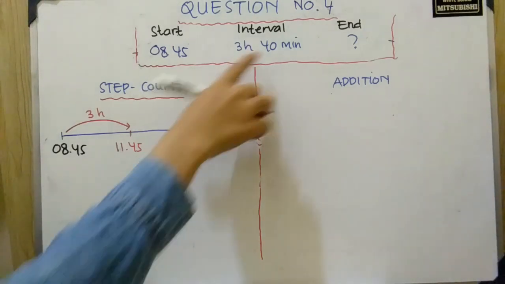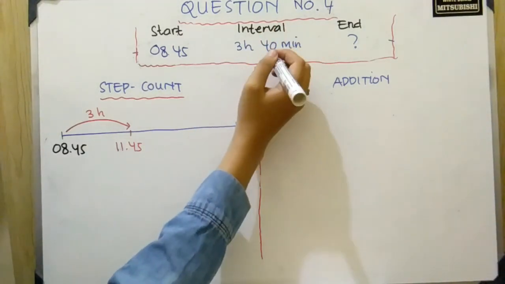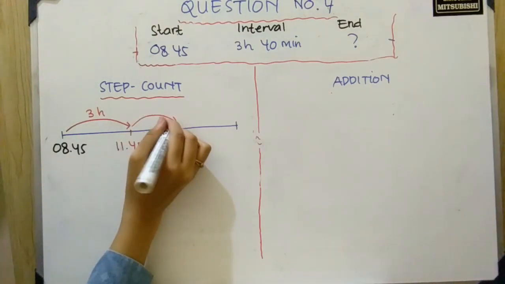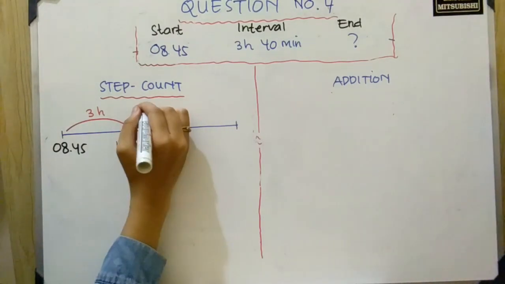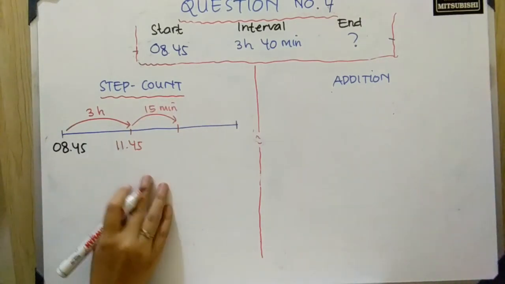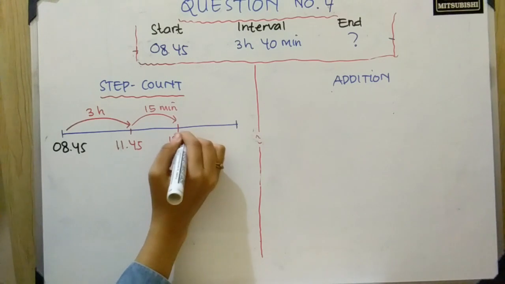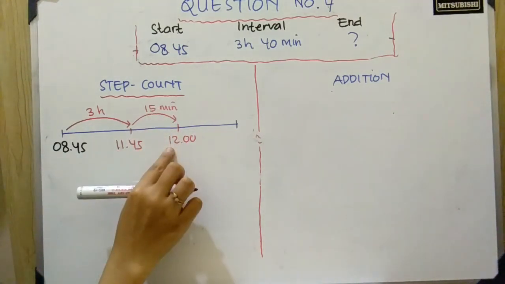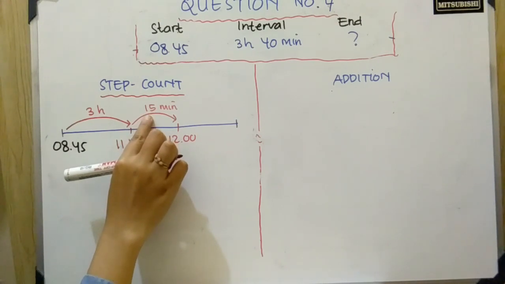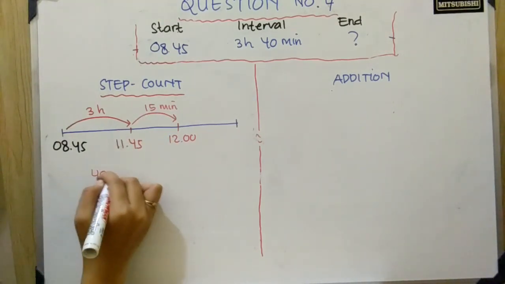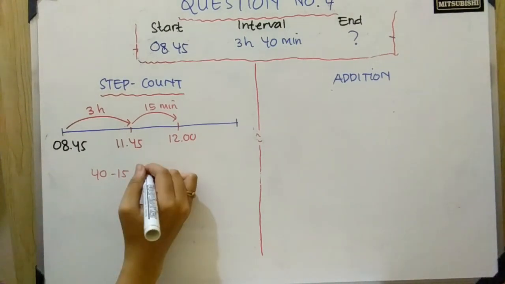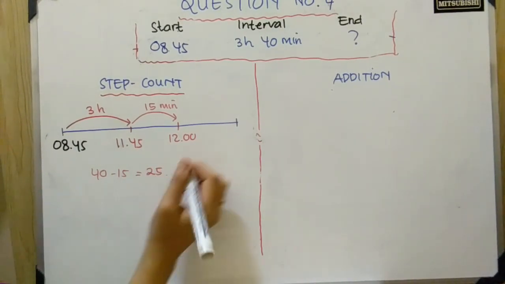Now we count on to the next hour, that is at 12 o'clock. 15 minutes after 11:45, we have 12 o'clock. Now, because we have 40 minutes and we have used 15 minutes here, we still have 25 minutes.